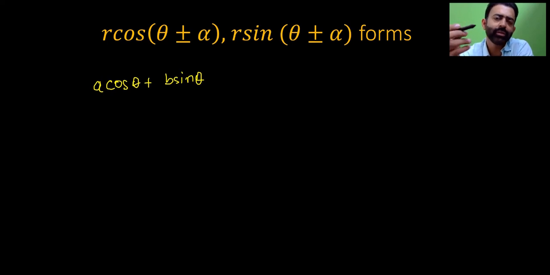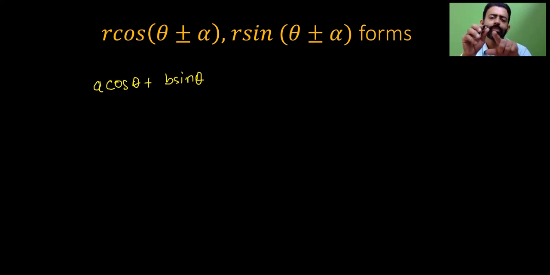For example, from one direction one signal is coming, represented by a cos theta, a sinusoidal wave, and from another direction another signal is coming, represented by b sin theta.